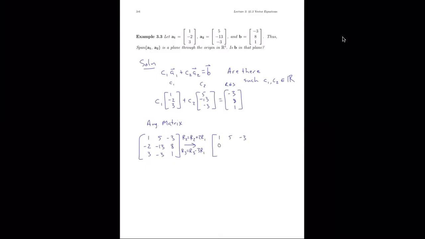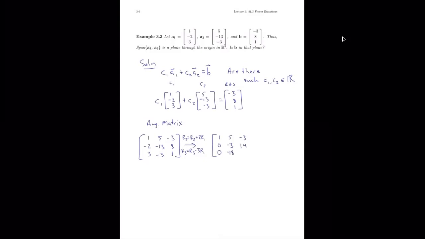We have a 0 here. Then 2 times 5 is 10 plus -13 is -3. Third column, 8 minus 2 times -3 is 8 minus -6, which is 8 plus 6, which is 14. The bottom row, row 3: 3 minus 3 is 0. -3 minus 3 times 5 is -3 minus 15, so -18.